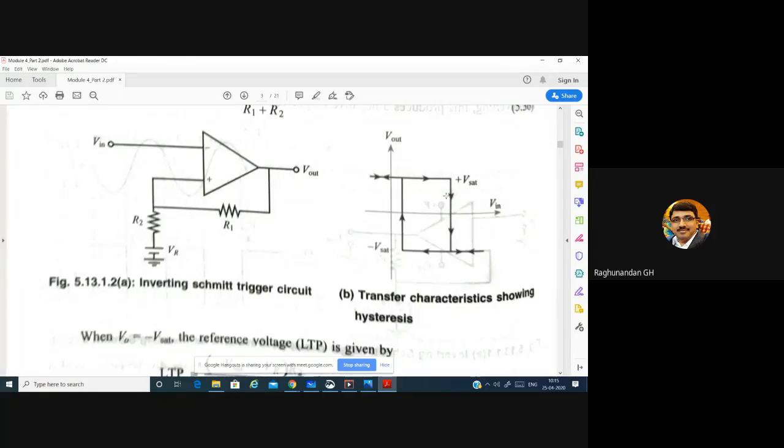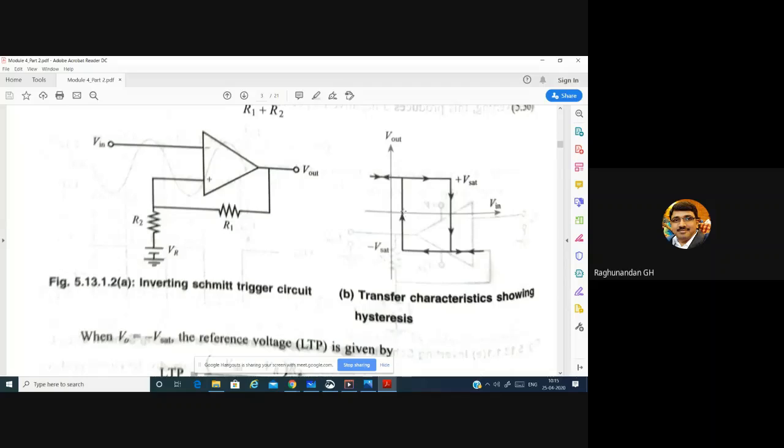I repeat it again, this is UTP, this is LTP. When your input crosses the UTP value, then your output, which was at plus V saturation, will go to negative, and it will stay in the negative saturation until your input becomes lesser than the LTP value.